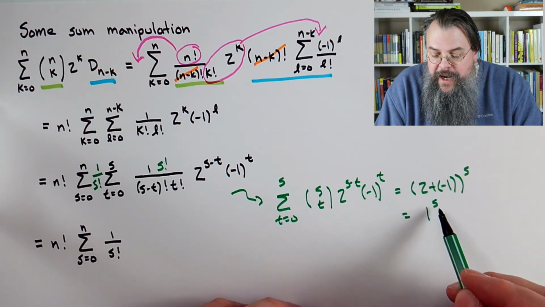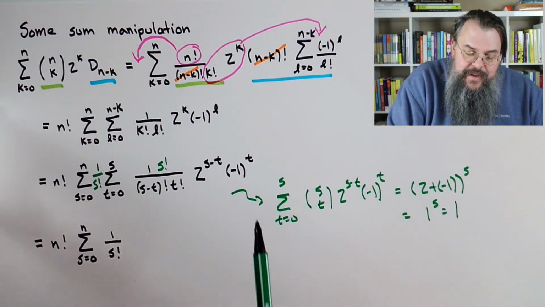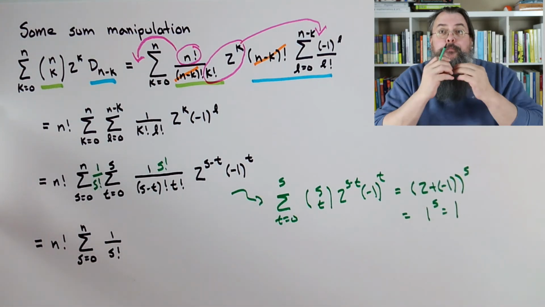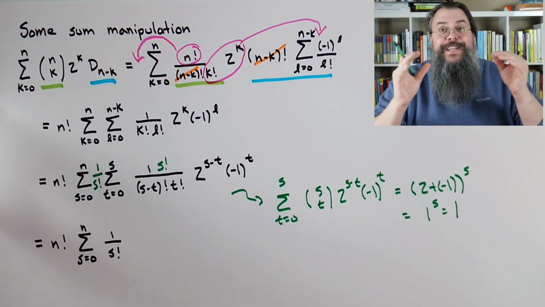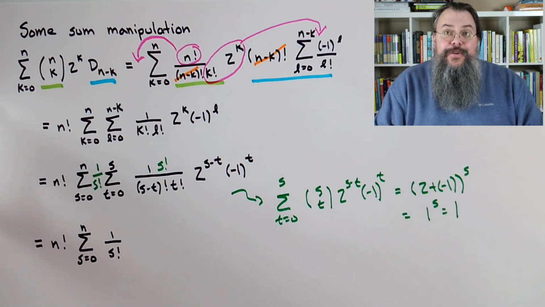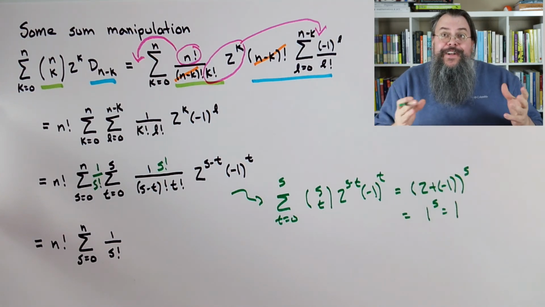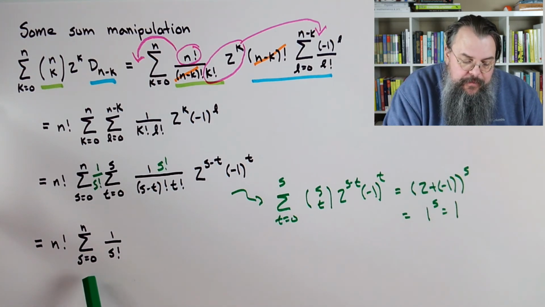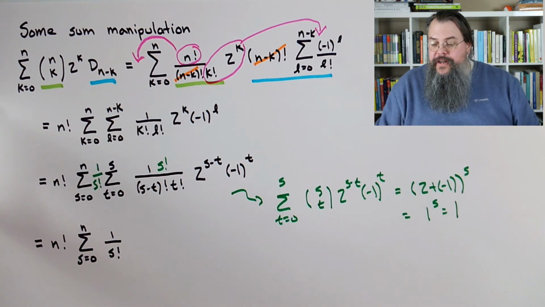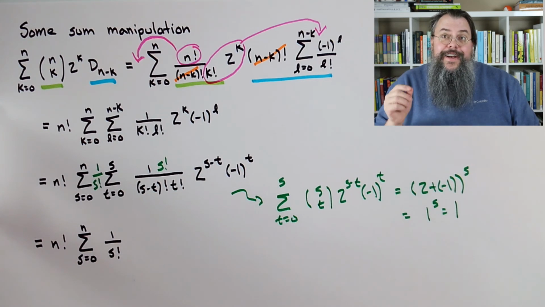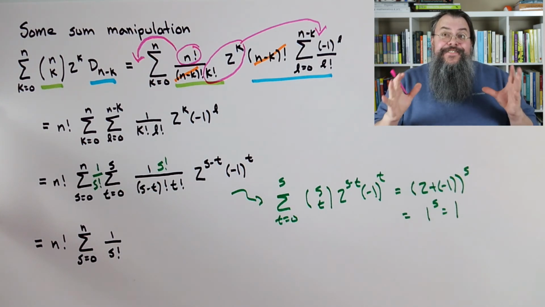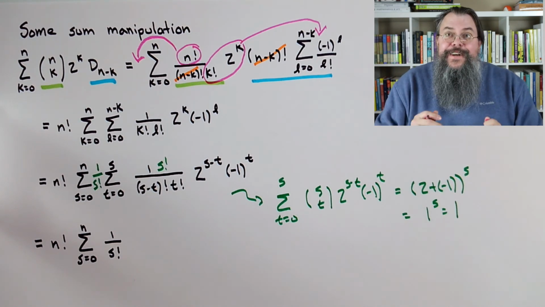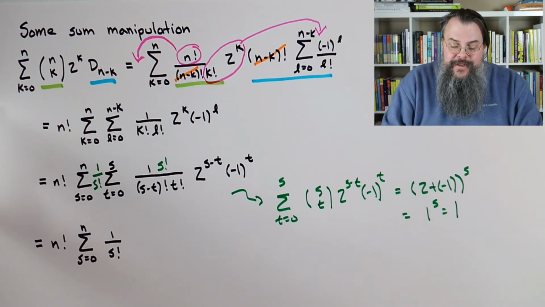And 1 to a power is 1, which means that all this stuff simplifies really nicely, and it goes to 1. So our final answer is n factorial times this sum, S equals 0 to n of 1 over S factorial. Now you say, that's really close to what we had before, isn't it? It is. It is really close to what we had before. Well, except you don't have that minus 1.